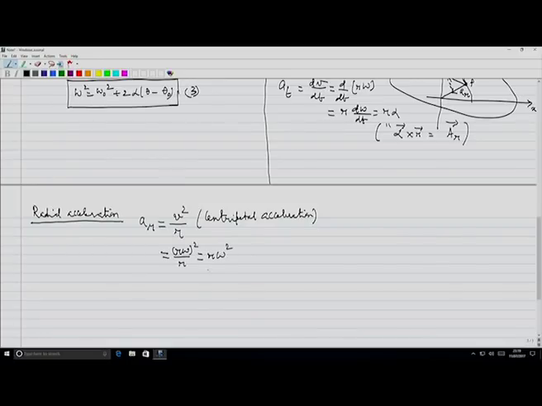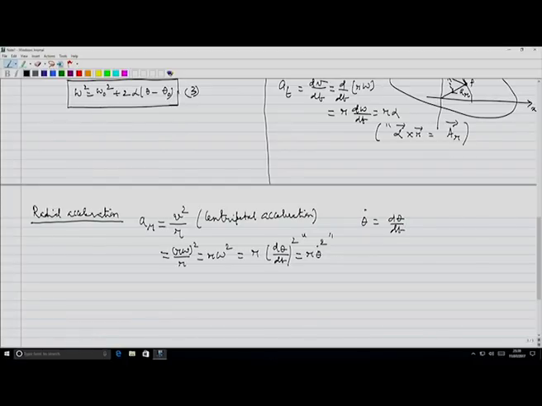What is r omega squared? Omega is d theta by dt, whole squared. This is what earlier we called r theta dot squared. Remember, what is theta dot? d theta by dt.